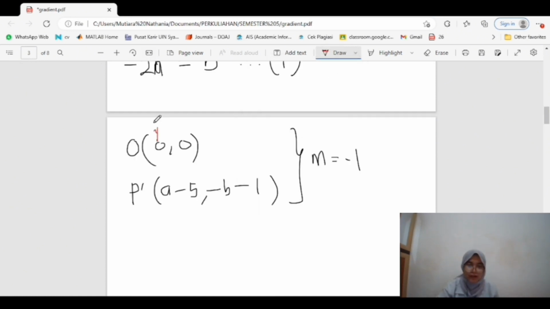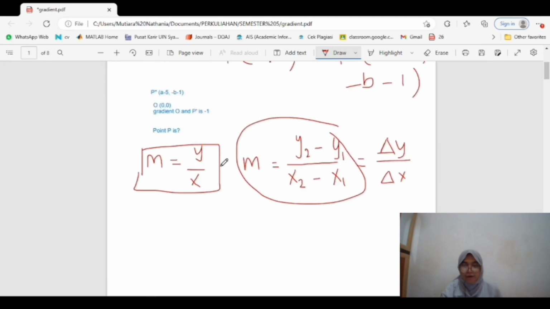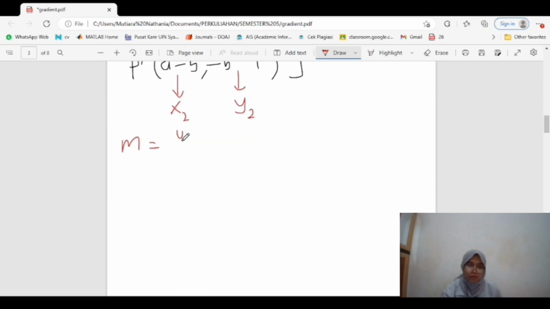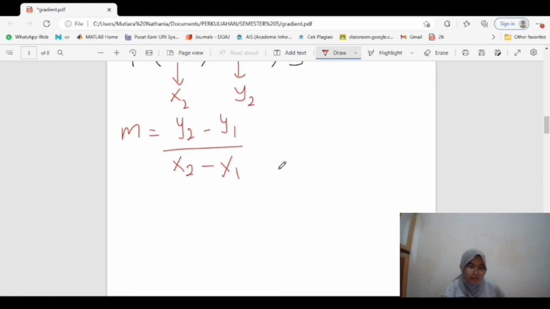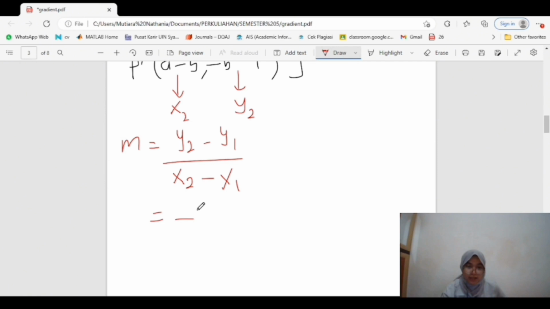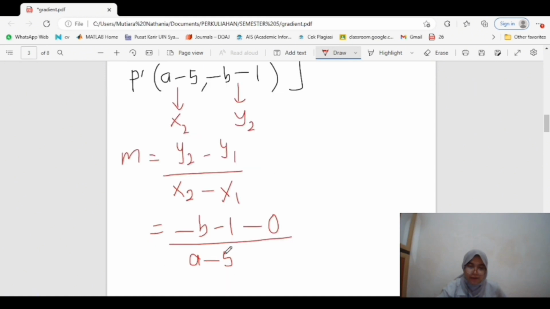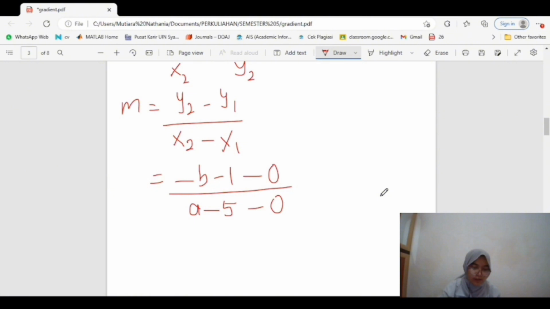We compare using the same formula through 2 points, with (x1, y1) and (x2, y2). So m equals y2 minus y1 divided by x2 minus x1. Here y2 is negative b minus 1, y1 is 0, x2 is a minus 5, and x1 is 0, and m is negative 1.